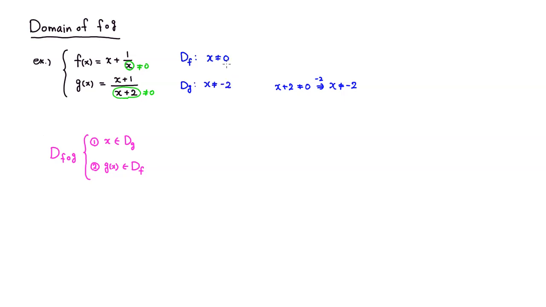In order to find the domain of f of g, we need to satisfy two things. Number one, x has to be inside the domain of the inside function. g is the inside function, so x has to be in the domain of g.